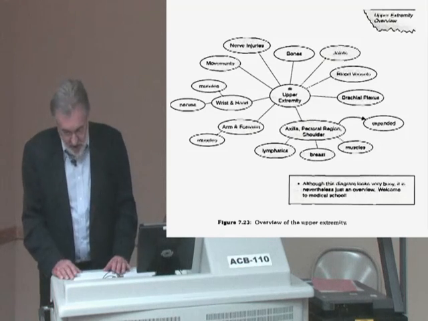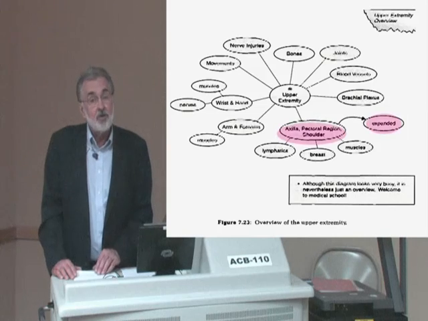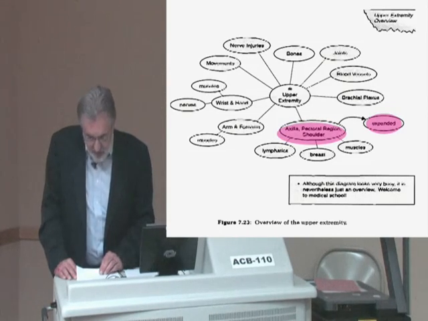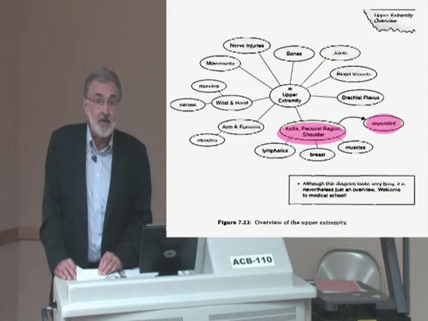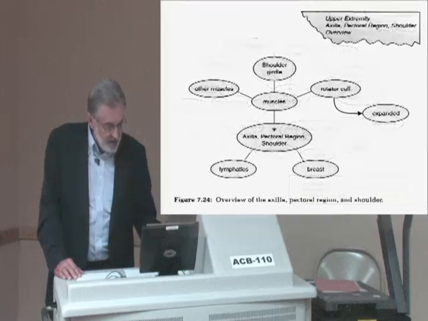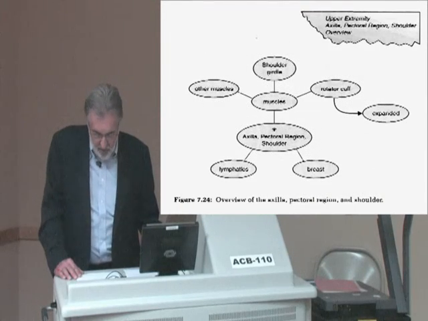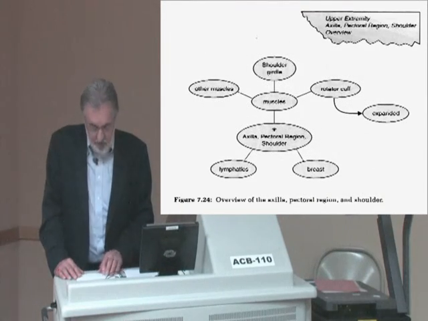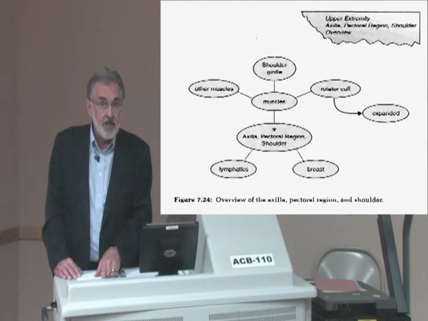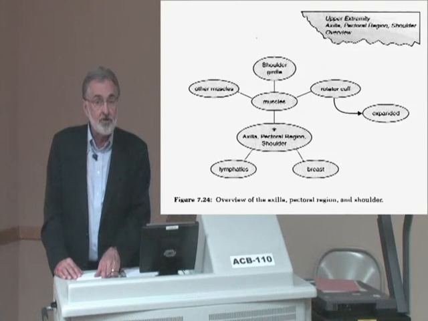Now, if you look here at the bottom right, you'll see the bubble that shows the axilla, pectoral region, and shoulder expanded. If we go to the next slide and think of that bubble or node, we find, and I've starred, by the way, routinely on each page, I would star the major topic.